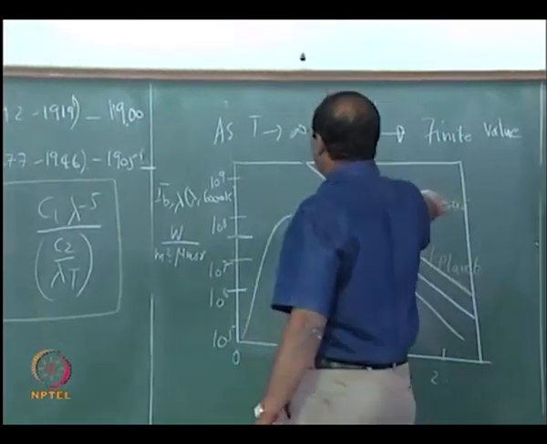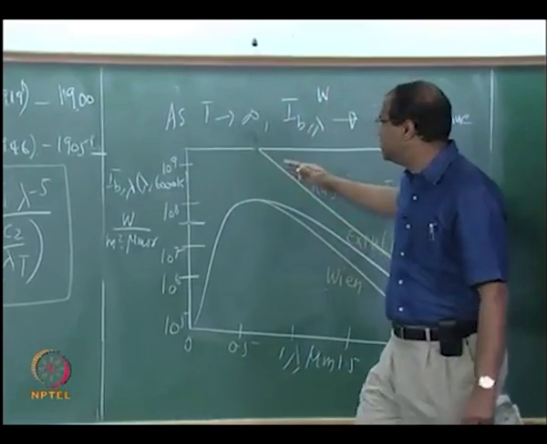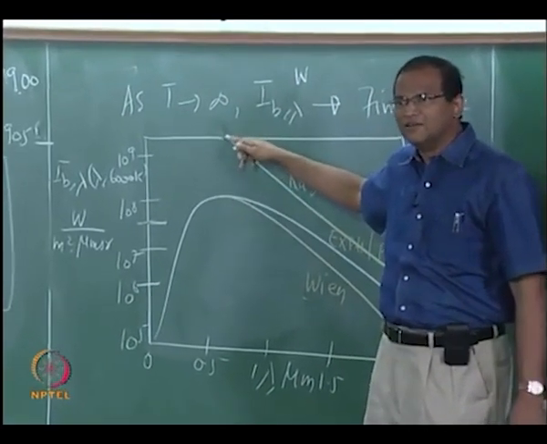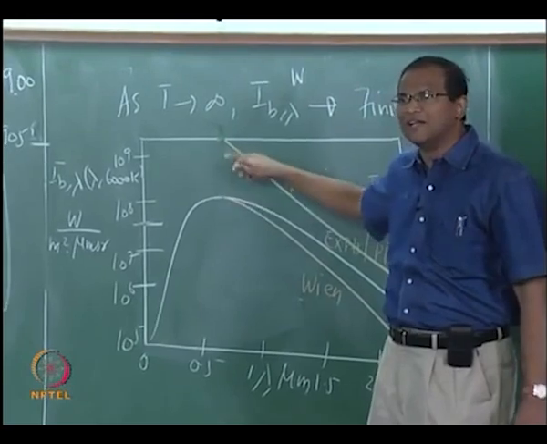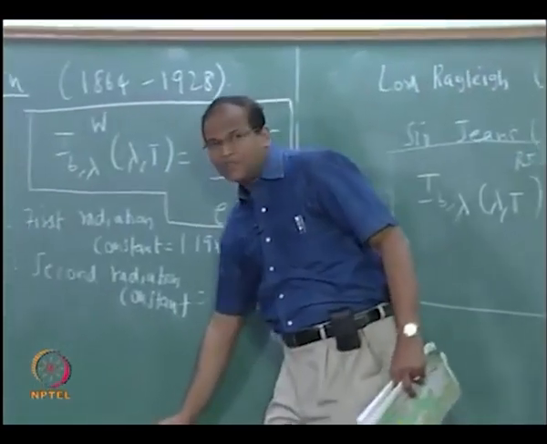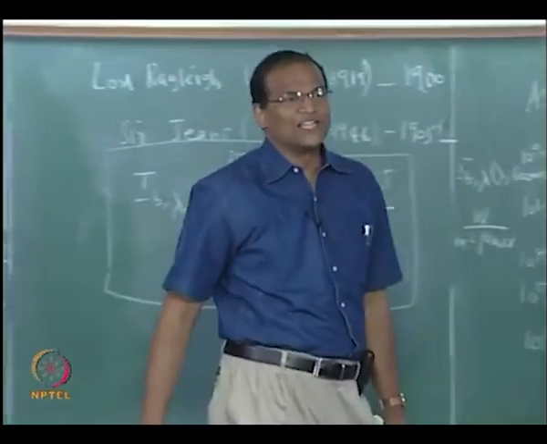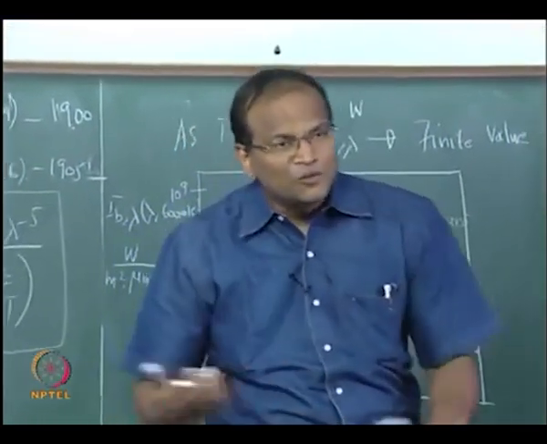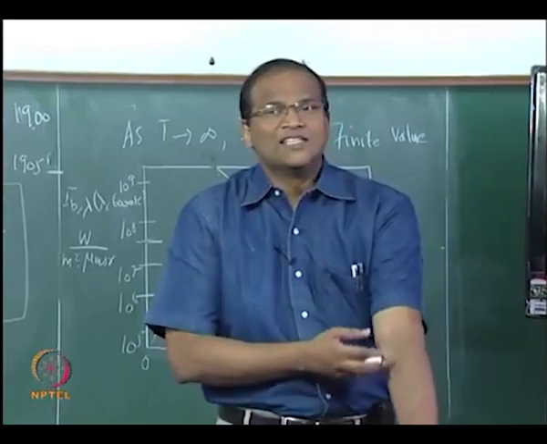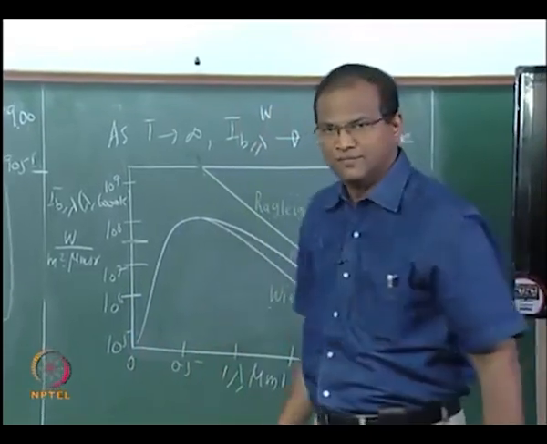When you approach the ultraviolet radiation, it is shooting up, deviating significantly from the observed experimental data. Therefore this dramatic failure of classical physics, in the hands of two of the greatest physicists, was called the ultraviolet catastrophe.